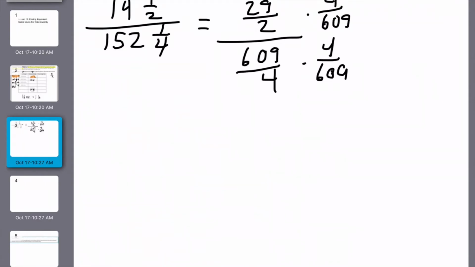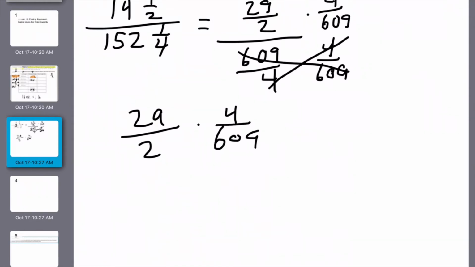After I multiply by the reciprocal, my denominator goes away, and I'm really left with 29 over 2 times 4 over 609. The 4 and the 2, because they're both divisible by 2, can be reduced. That 2 becomes a 1 and the 4 becomes a 2.